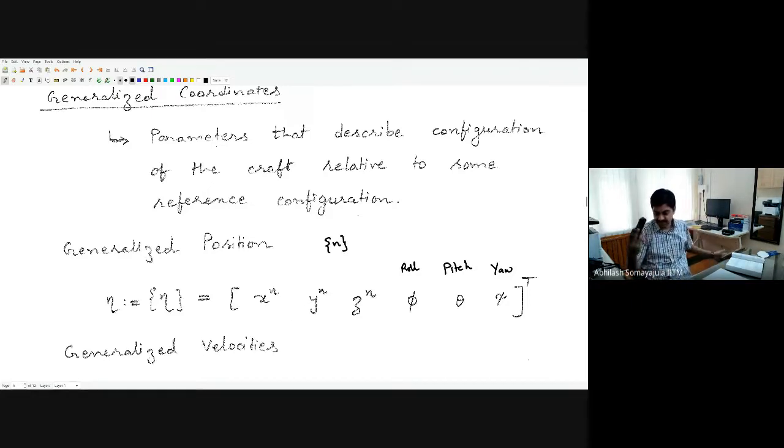I think some of the undergraduates have seen this example before, but for the graduate students: let's say I have a ship which looks like this. The x-axis is pointed towards the fore, the y-axis towards the starboard, and the z-axis pointed downward. We are going to apply two rotations: one over x, one over z.